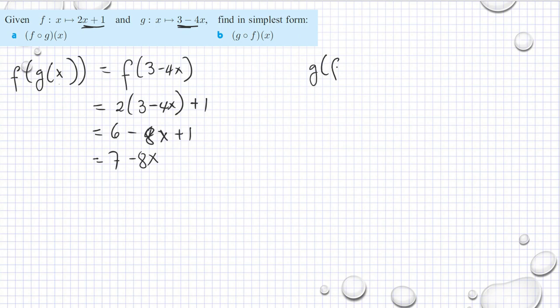For b, g of f of x. Our f of x is 2x plus 1, and our g of x is 3 minus 4 times 2x plus 1.